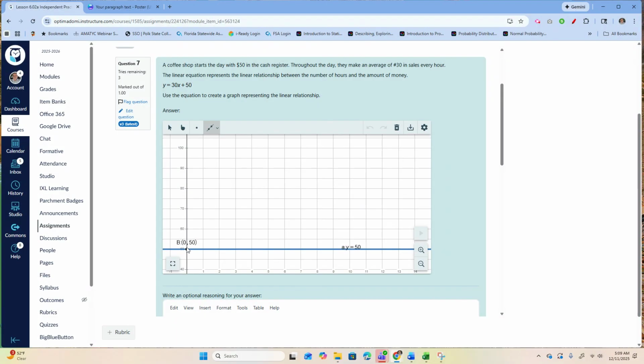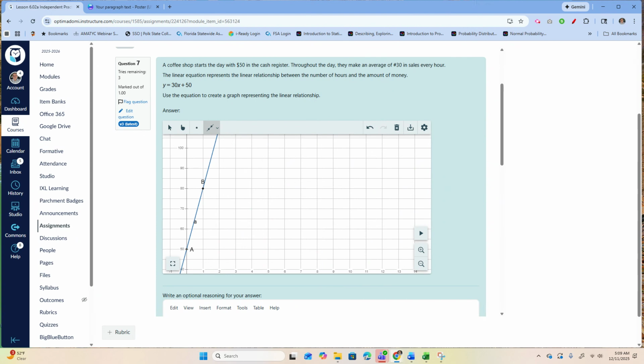If you look at the y-axis, we're not counting by 1. We're counting by 10. So I want to go 30 up. So this will be 10, 20, 30. And then how do you write 30 as a fraction? 30 over 1. So then we're going to go 1 to the right. What I did is the rise is 30 and the run is 1. That's why I landed there. Okay. And that's problem number 7.